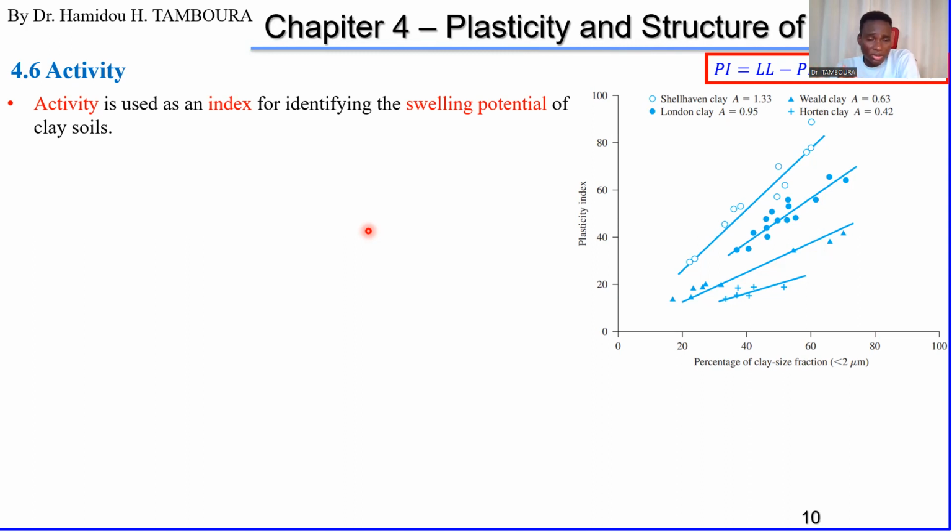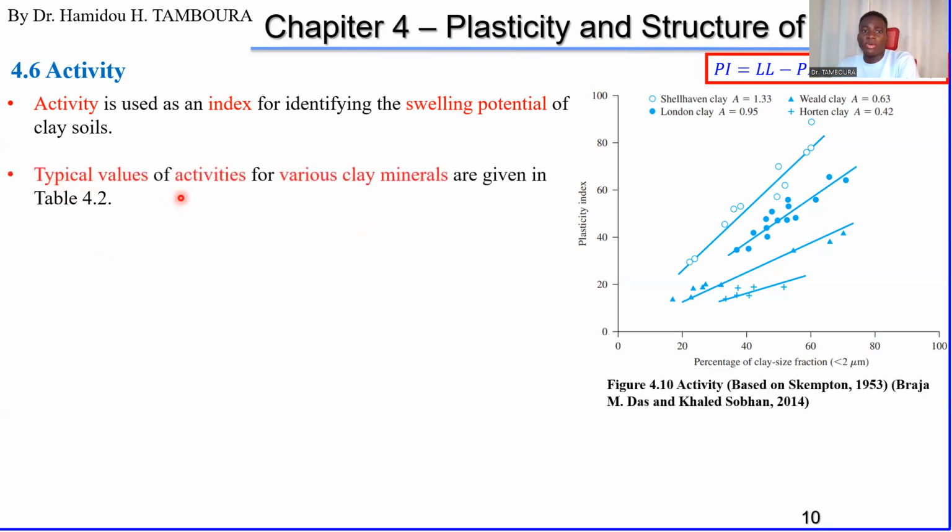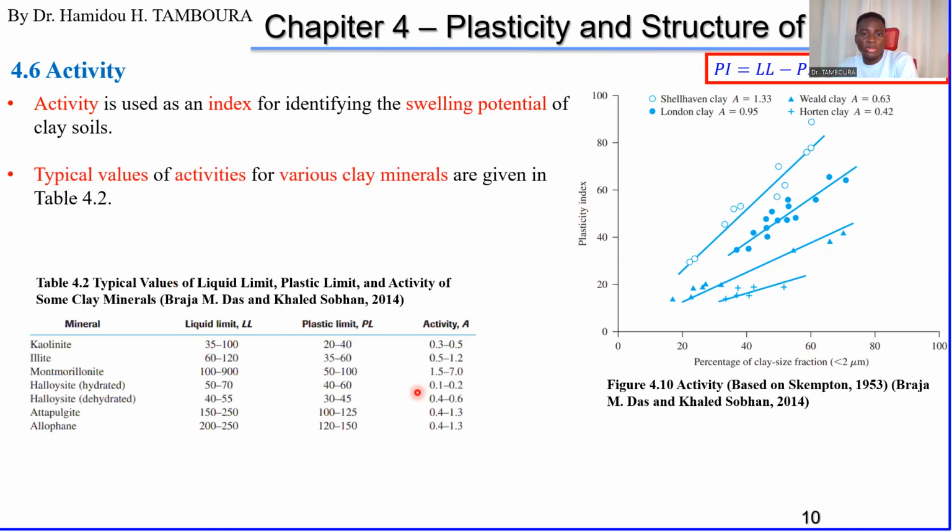You need this index, this activity, to see if this clay is dangerous to your foundation, for example. Because if the clay is swelling, it will be heaving and it can lift your foundation. So typical values of the activity of various clay minerals are given in this table, especially here. Okay, different types of clay.